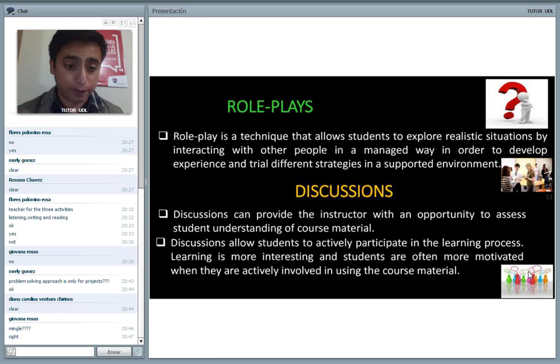Of course, they are techniques to improve especially the speaking part, but they are totally different. In role playing, they have to act according to the role that they have. But in discussion, the students are free to say something about a topic that the teacher is presenting in class. Okay? So do you understand the difference between role plays and discussions?